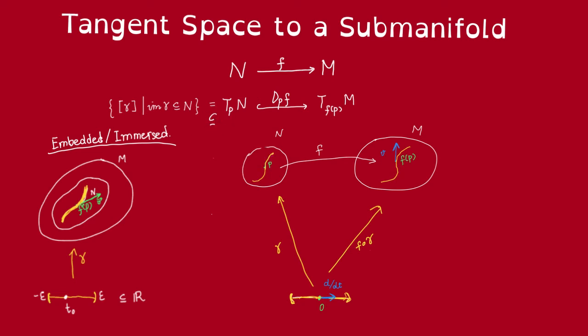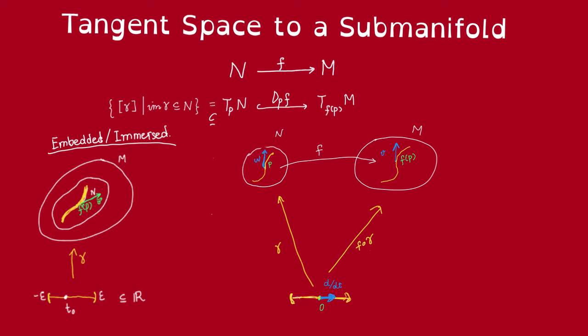Now let's try to show the other direction. Suppose that this tangent vector v is the velocity vector of some curve that comes from a curve in N. So this curve is going to be the composition of a curve in N with f. So it factors through f. And we need to show that this tangent vector must come from a tangent vector in N, and that's also not hard to see. Now we look at the image of this tangent vector under the map gamma, and we will get some vector w.